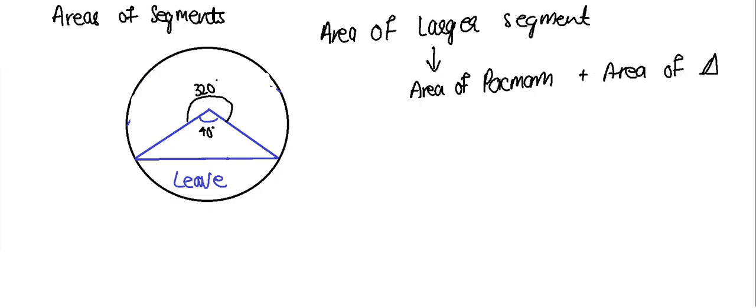What was the formula of the triangle? 1 over 2 times A times B times sine of C, right? Okay. How to find the area of this Pacman? A larger segment, do you remember? Good. Theta upon 360 multiplied by pi r squared. No rocket science, right?